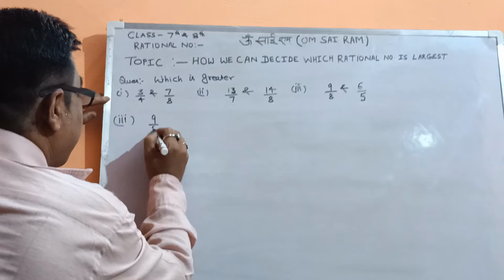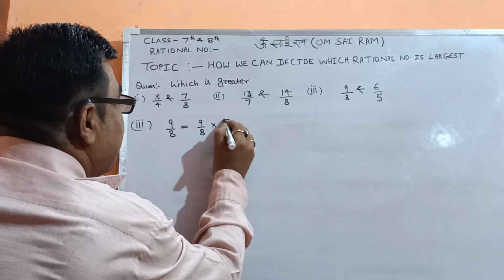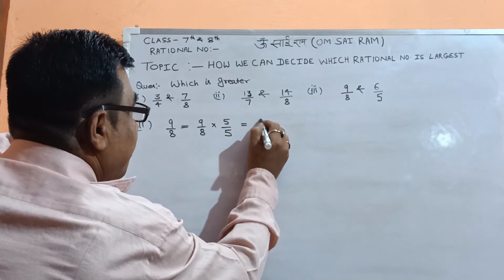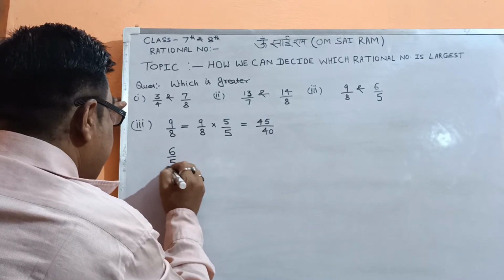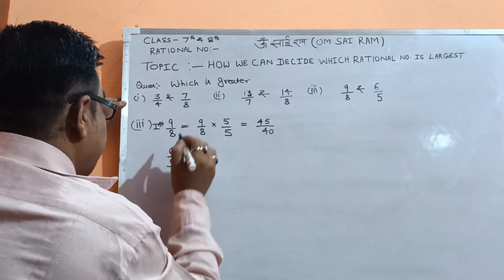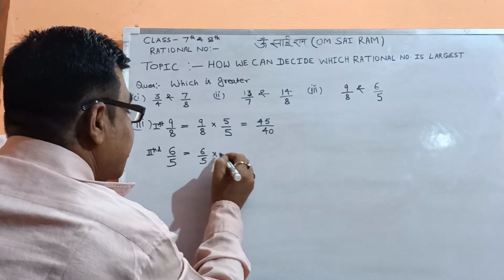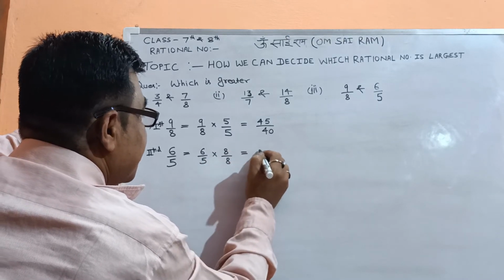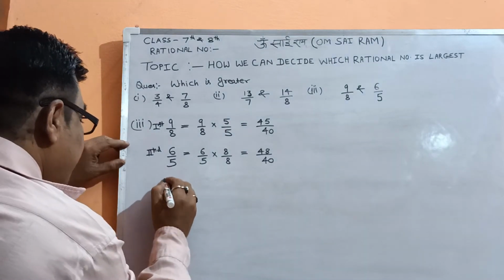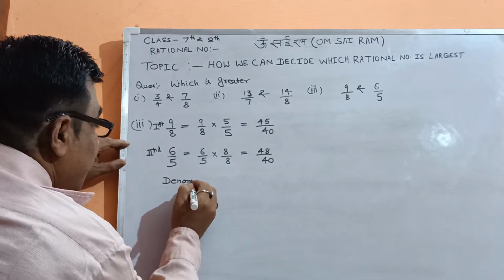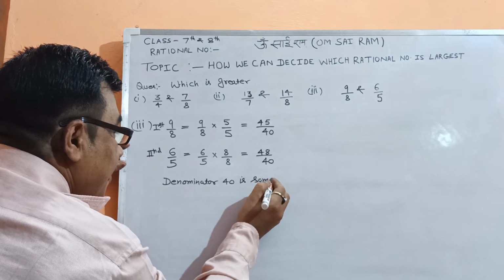9/8 equals 9/8 multiplied by 5/5, that is 45/40. 6/5 multiplied by 8/8 is 48/40. The denominator 40 is the same in both rational numbers.